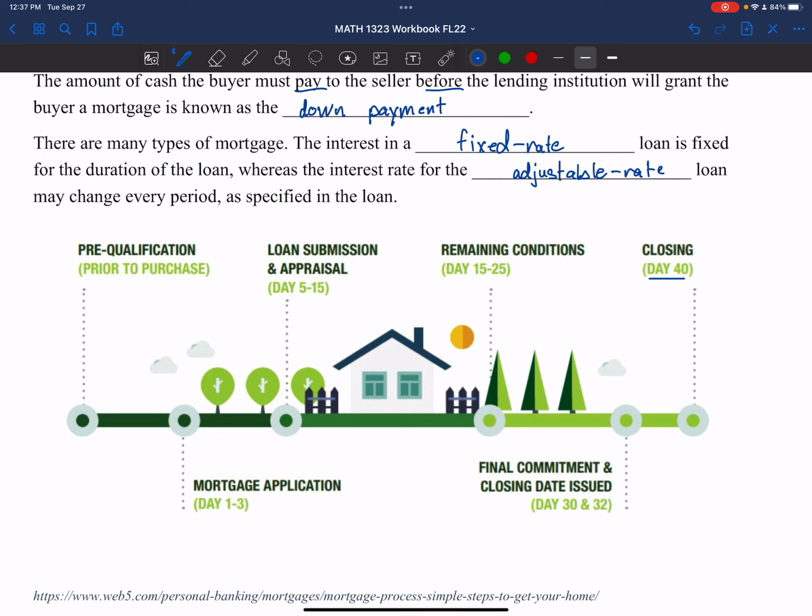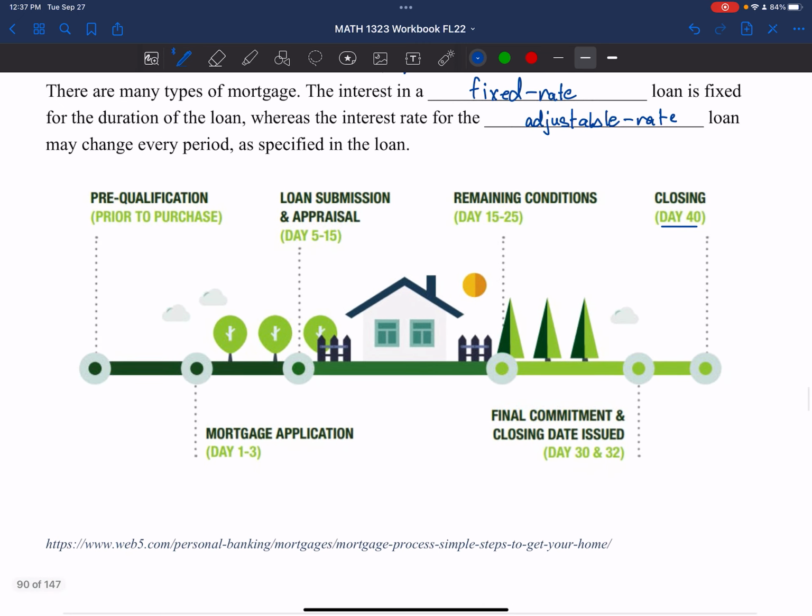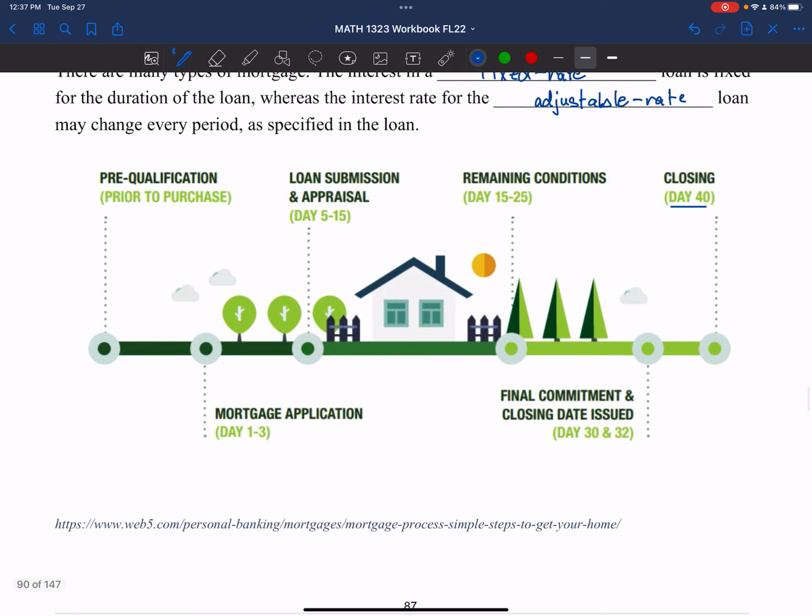They will ask for a bunch of things, like paychecks, and they'll do a credit check to see what loans you have. I think even when we purchased our house, they asked for a statement from our previous homeowners association, since we lived in a townhouse, wanting to know how much it had cost us. So it was a fairly lengthy process, but let's go ahead and do some computations.